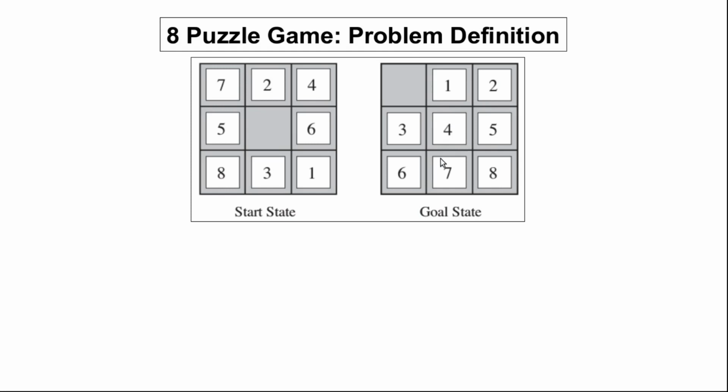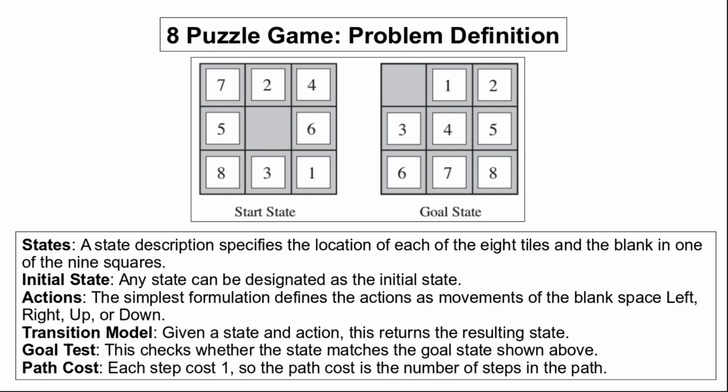So now a problem formulation for the 8 puzzle game would be something like this. A state description: how will you describe the state for this 8 puzzle game? We can specify a state by specifying the location of each of the 8 tiles.